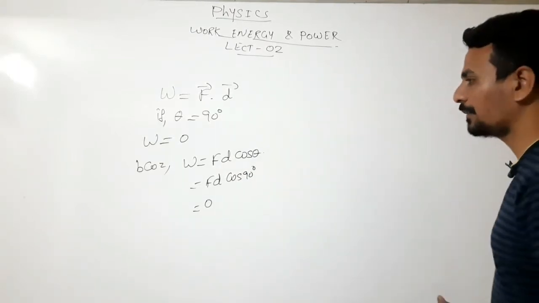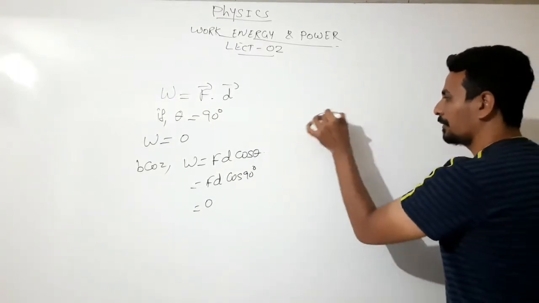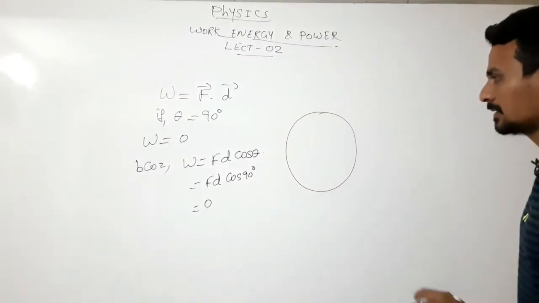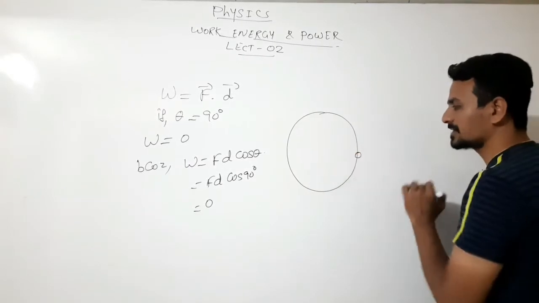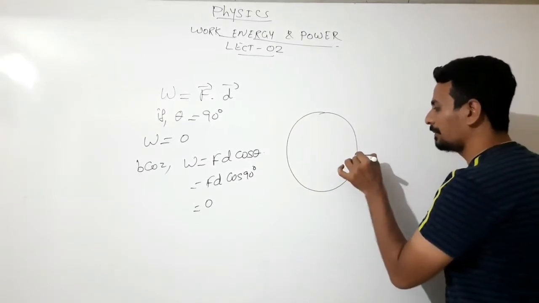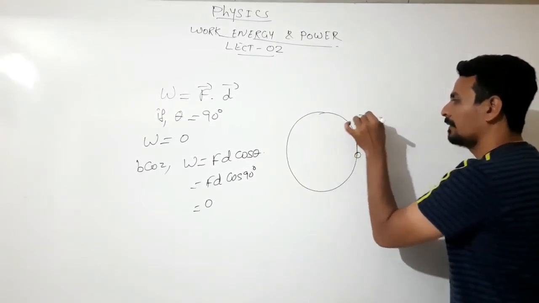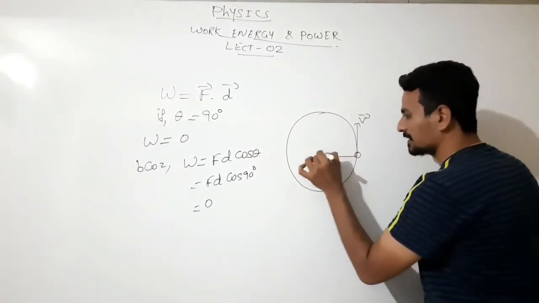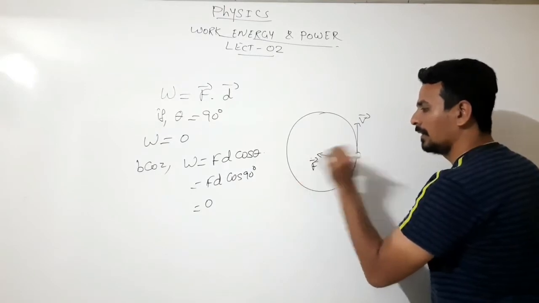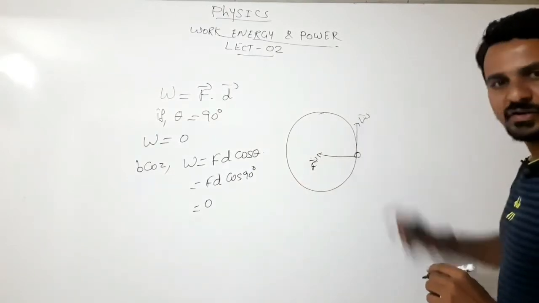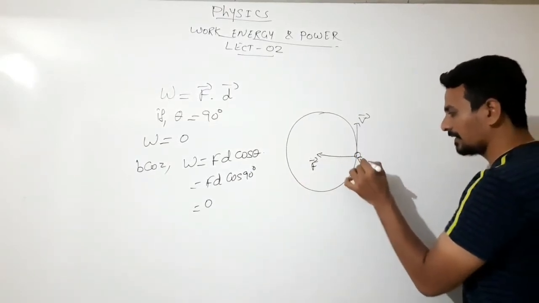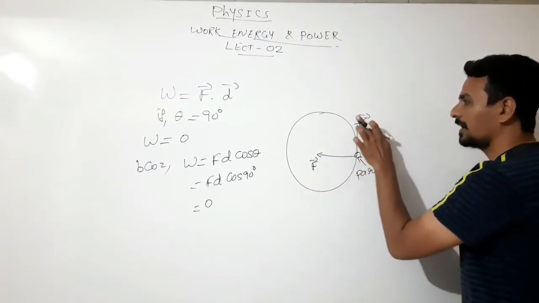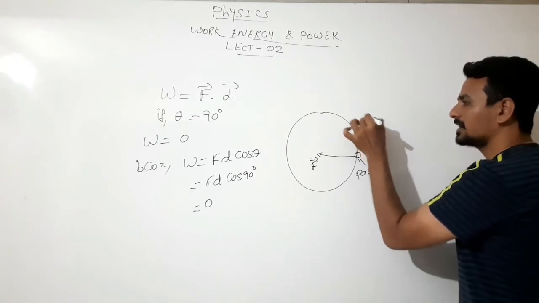We can take an example of, say, uniform circular motion, which we have seen in the chapter of vectors. Suppose a particle is moving with constant speed. So velocity will be in the direction of the tangent. It will experience a centripetal force in this direction. So if velocity is in this direction, then the displacement of the particle, this is the particle, will be along the velocity.